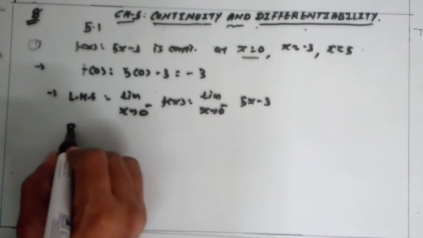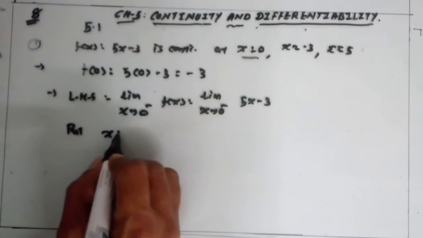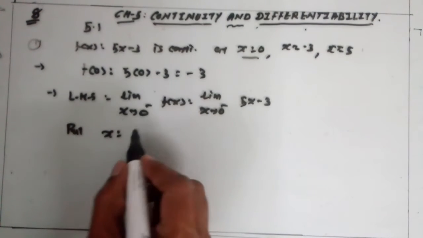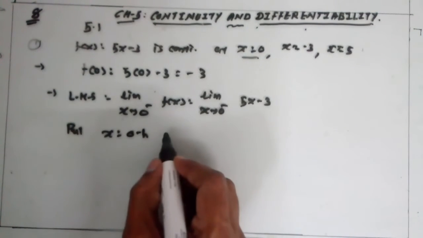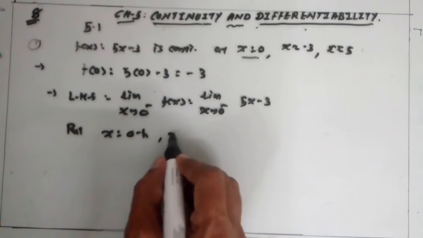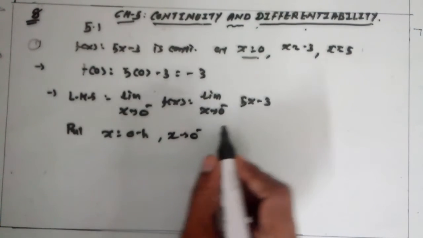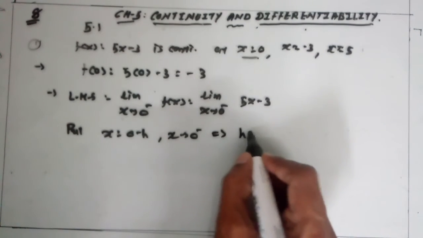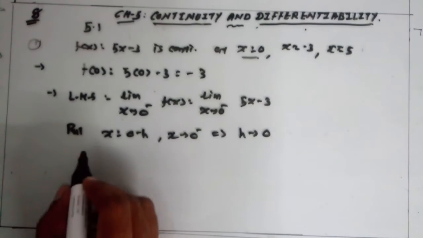Here put x = 0 - h. So x tends to 0 negative implies h tends to 0.